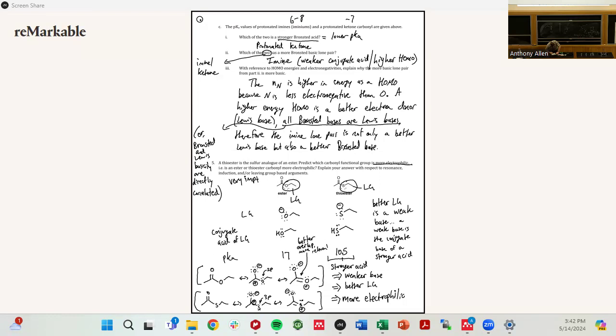More relevant. This resonance form takes away positive charge from carbon. So it takes away what? Electrophilicity, which means by resonance, this should also be more electrophilic.